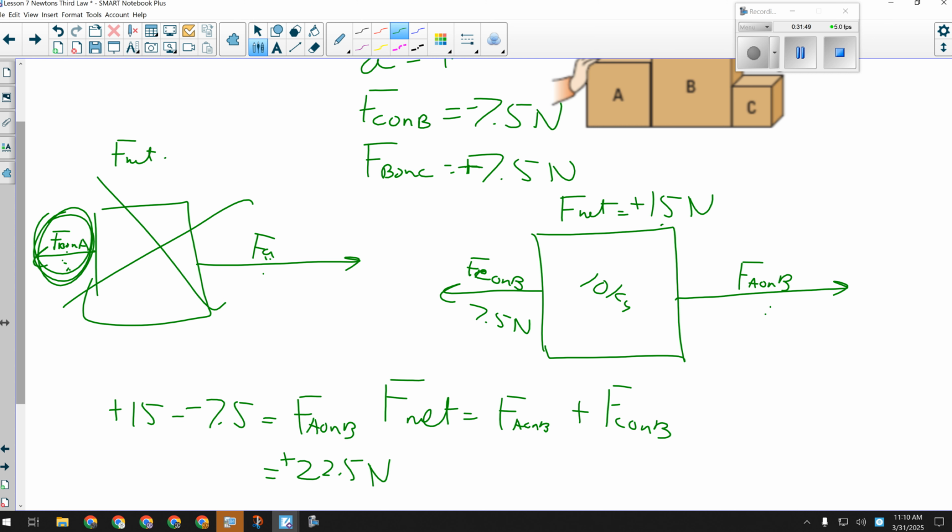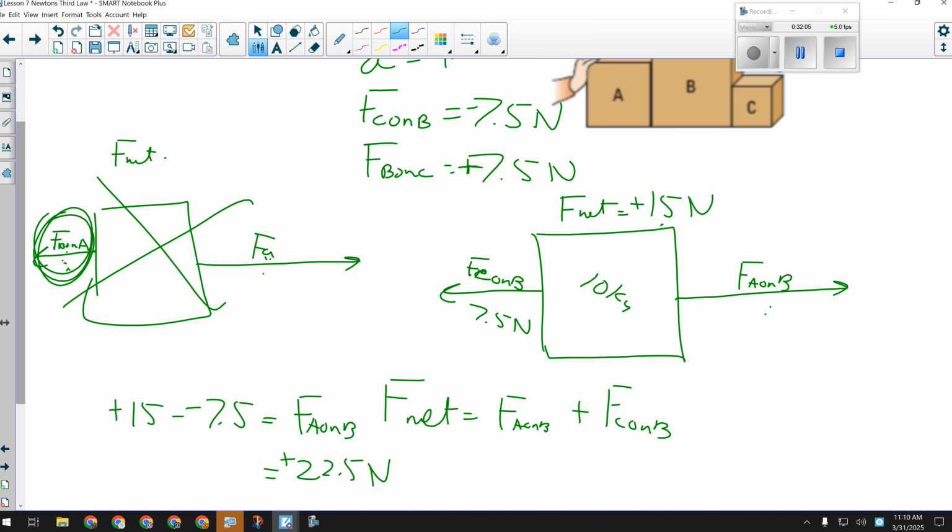So if A pushes on B with 22.5 newtons in a forward direction, B pushes on A with negative 22.5 newtons. We only have two significant digits there, so it would end up being 23.